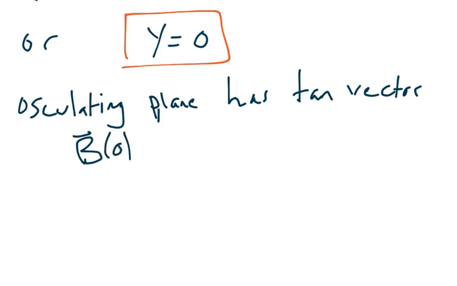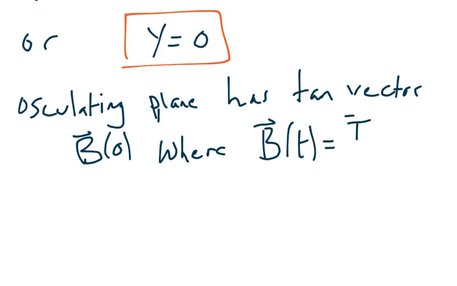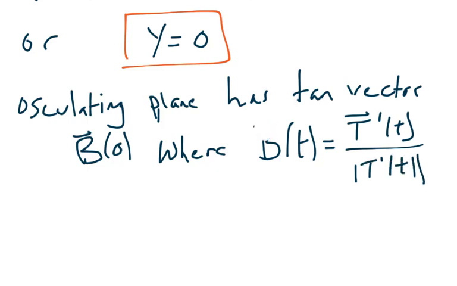That's the definition for the osculating plane at 0. And then we're going to want to write down the definition for B. So N of t is equal to T prime of t divided by the magnitude of T prime of t.